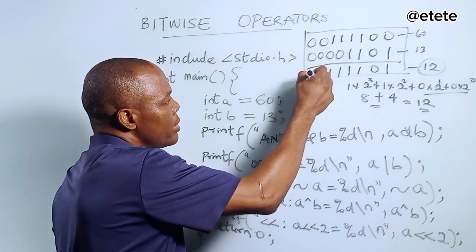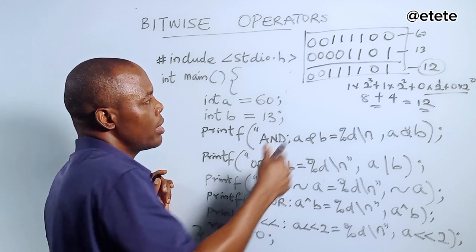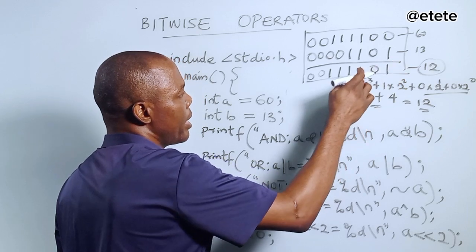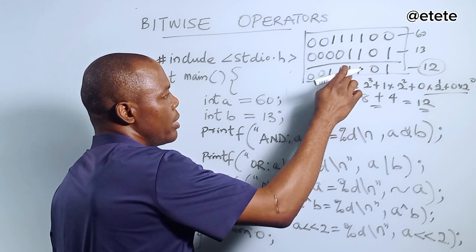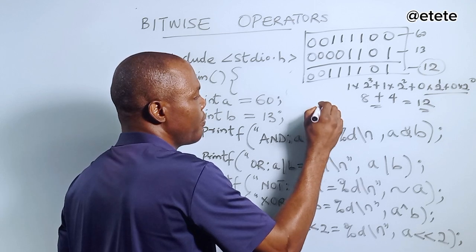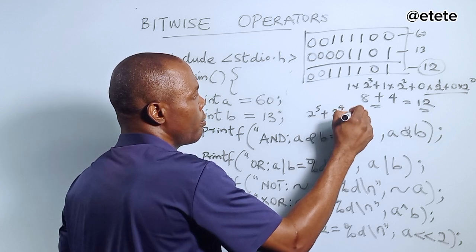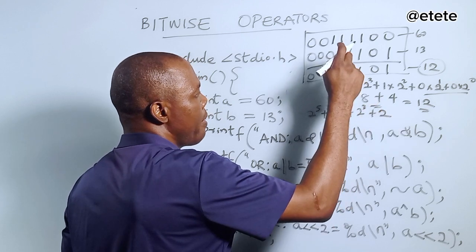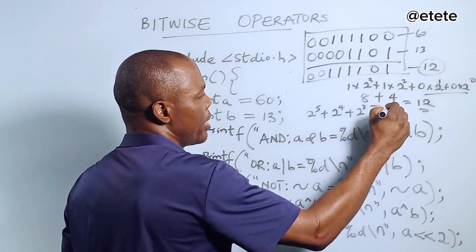Now this is 0, this is 0. If I have to convert this, what will it give me? Following this same pattern, I am having 1 here, so 0, 1, 2, 3, 4, 5. So this will be 2 raised to power 5 plus 2 raised to power 4 plus 2 raised to power 3 plus 2 raised to power 2.